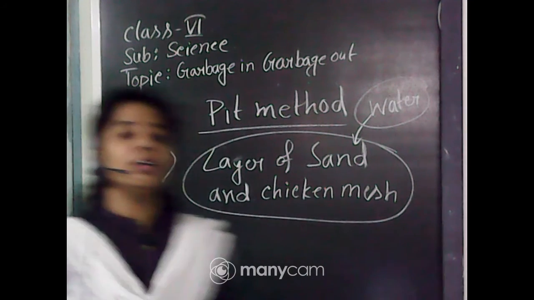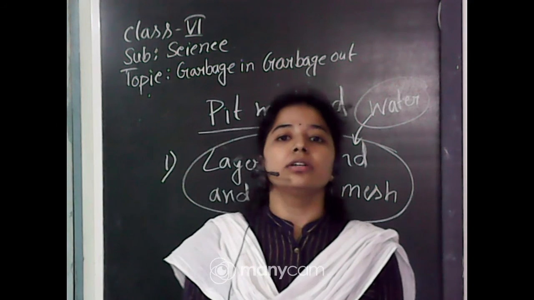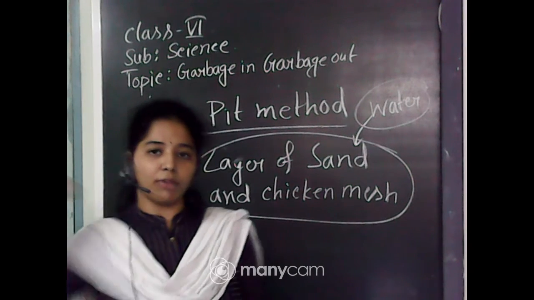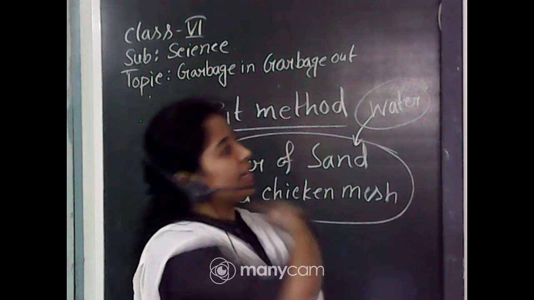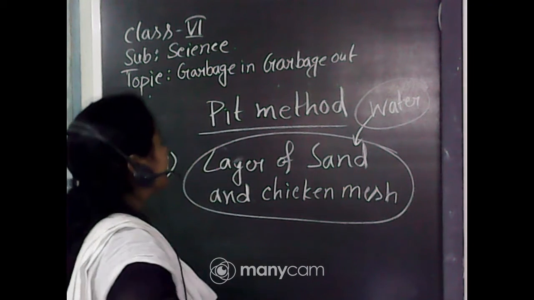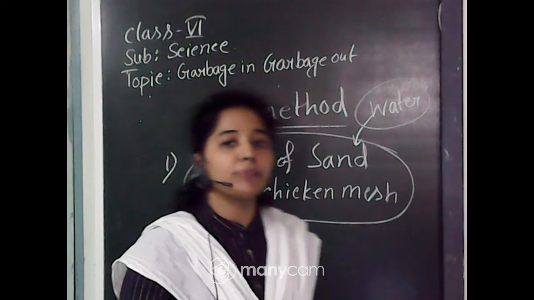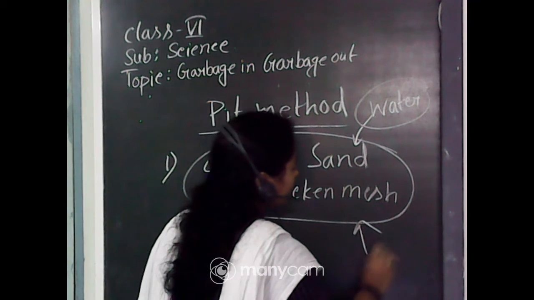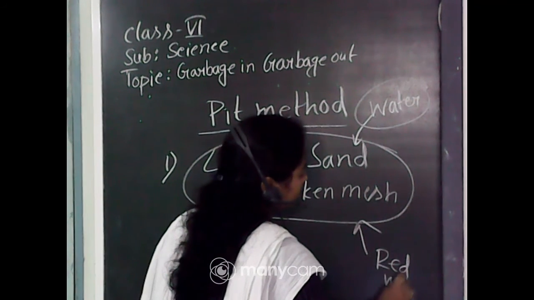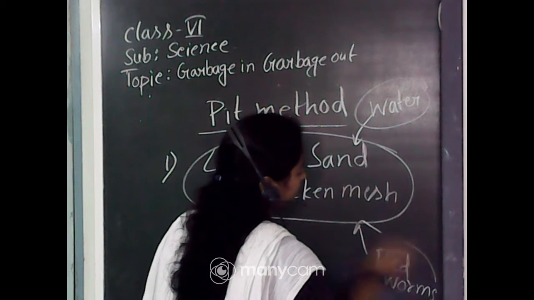Okay, then we have to add some redworms. As we have already learned, redworms are the main organisms involved in this process of vermicomposting, so we should include those redworms.